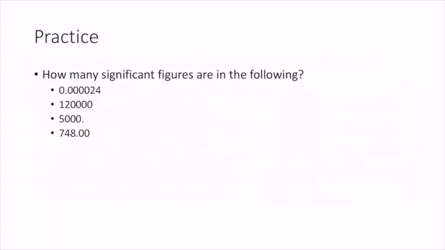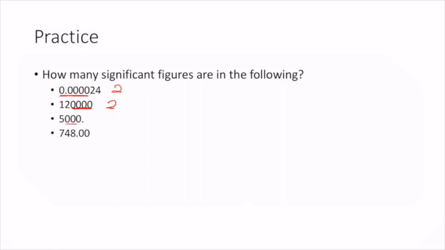So determine how many significant figures are in the following. The first example, these are all leading zeros. Leading zeros are never significant, so we only have 2 significant figures. In the next example, these are trailing zeros, but there's no decimal point, so again, we have 2 significant figures.